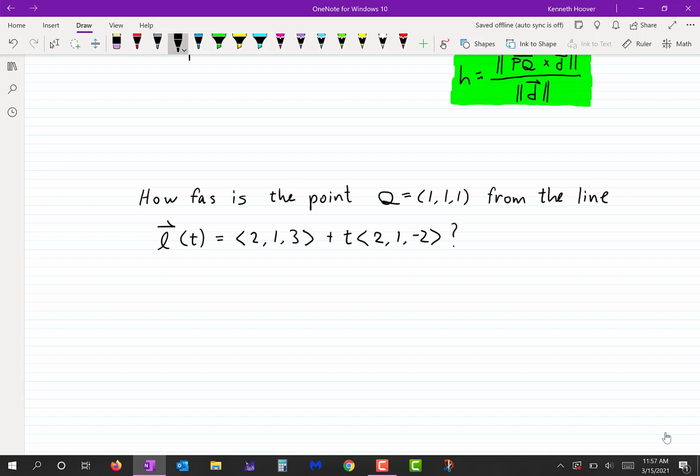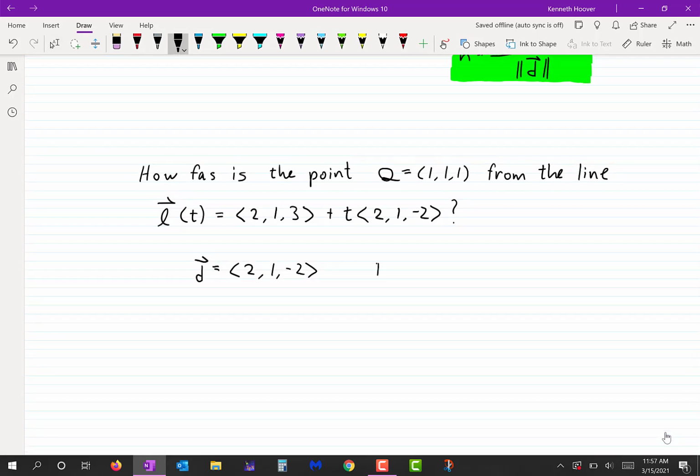All right, let's answer that. Our direction vector is 2, 1, negative 2. Okay? And our vector PQ, what do you think that is? So let's think about this for a second. Q is the point 1, 1, 1. P is the point what? 2, 1, 3.